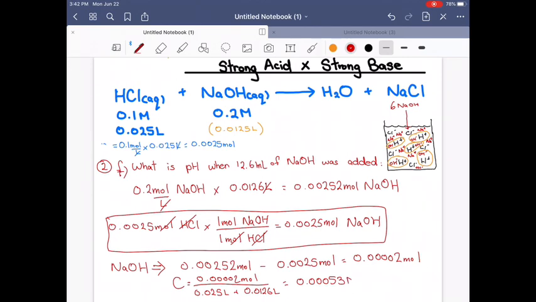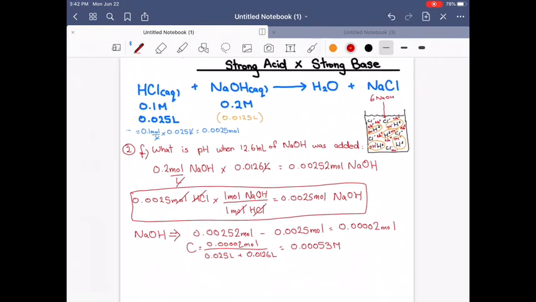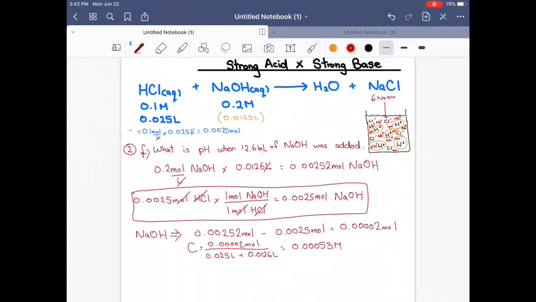That will give you 0.00053 molar. And to find pH, be careful here, because if you take the negative log of this, you're going to get pOH. Remember? Because this is the concentration of NaOH, not the concentration of HCl anymore. So pH is equal to 14 minus the negative log of this number. Don't make that mistake.